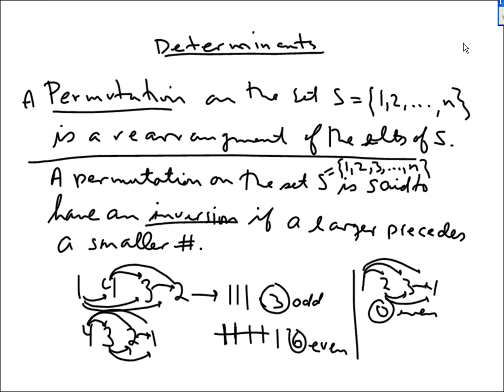Generally, we want to look at the number of inversions, odd or even. We want to count the number of inversions and decide if there's an even number or an odd number. How do you tell if it's even?